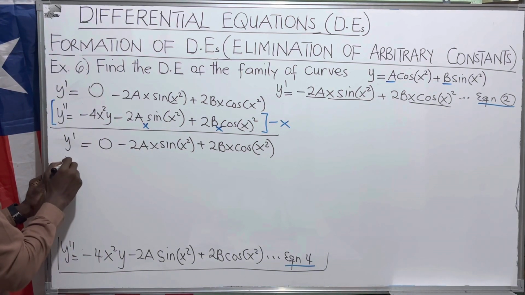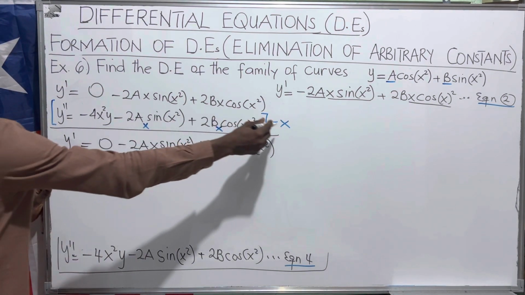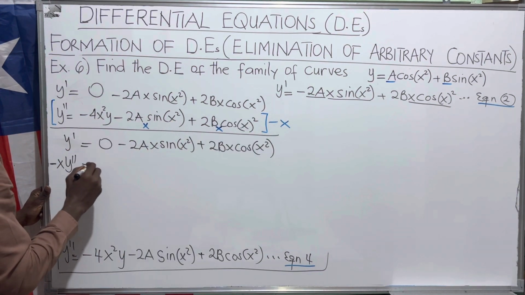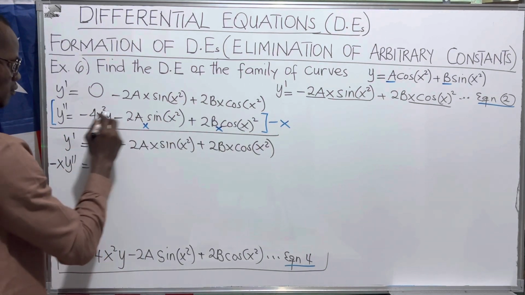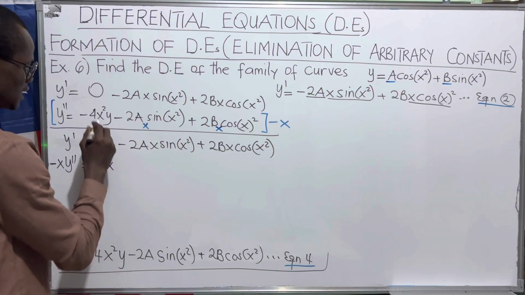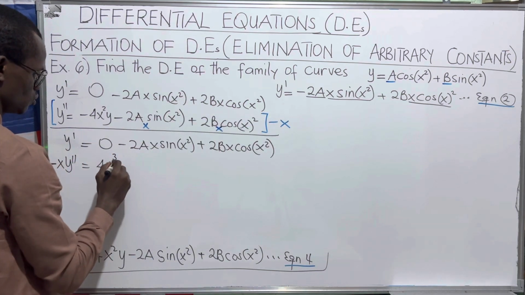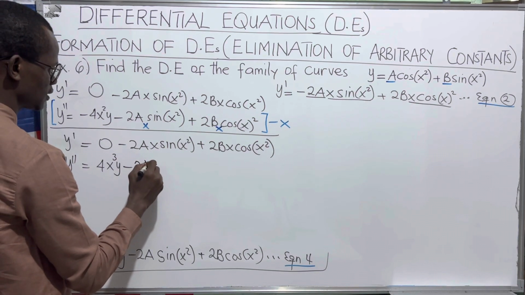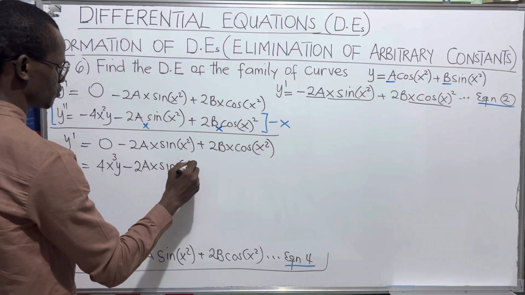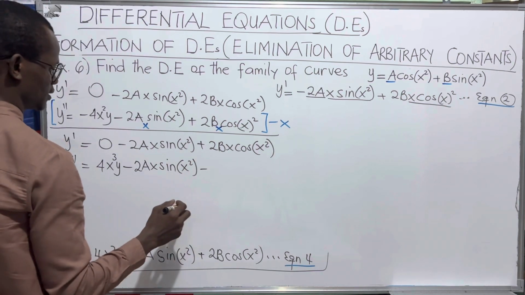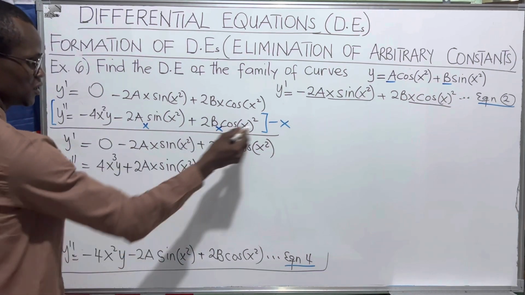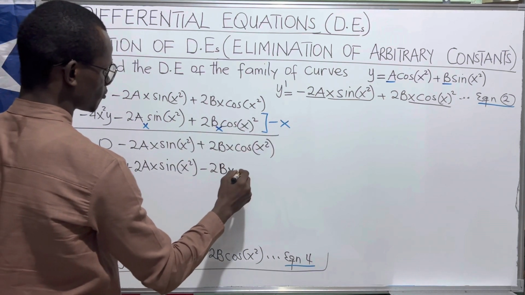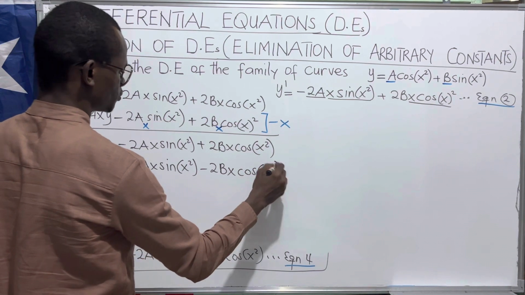And now we have y prime prime. This time it is minus x y prime prime equals, negative times negative is positive, so it's 4x squared times x, which is x cubed, y minus 2ax sine of x squared, plus, because of the negative sign, 2bx cos of x squared.